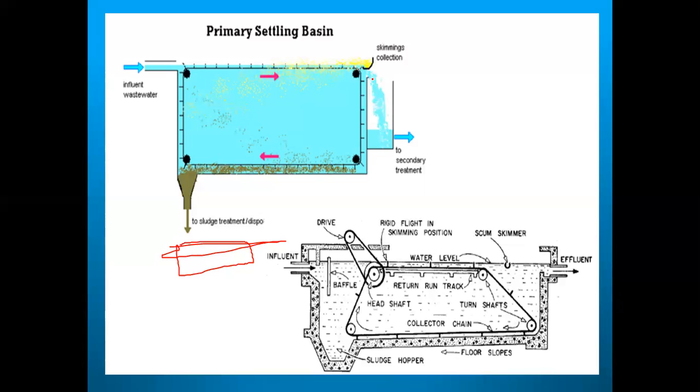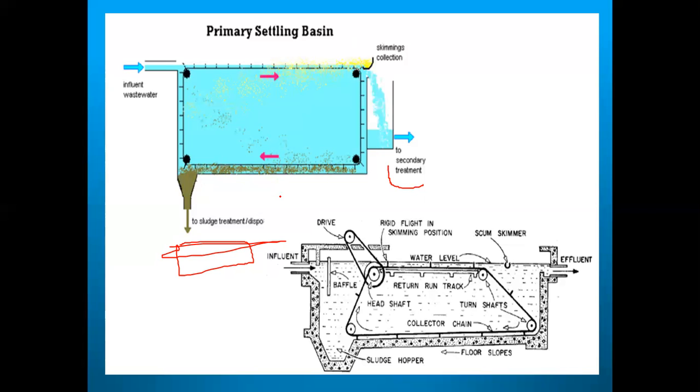The last stage of the primary treatment process is the settlement, that is, the settling basin or sedimentation process. Then the water will go to the secondary treatment process. Finally the sludge comes here, and through skimming the scum is also removed and disposed of. So this is the main process of the primary sedimentation basin tank.